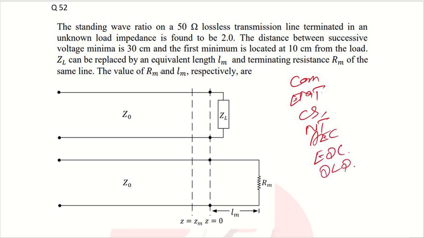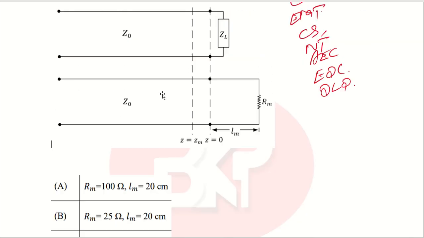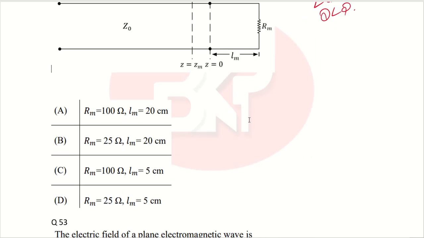DLD questions were very easy, one shot, you could have very easily written. So for question number 52 you are going to get two options. One will be option B and another one will be option C. So these are multiple choice.